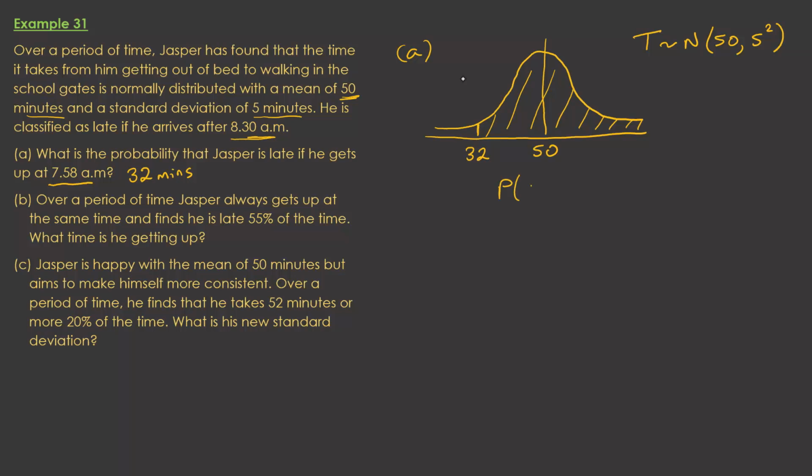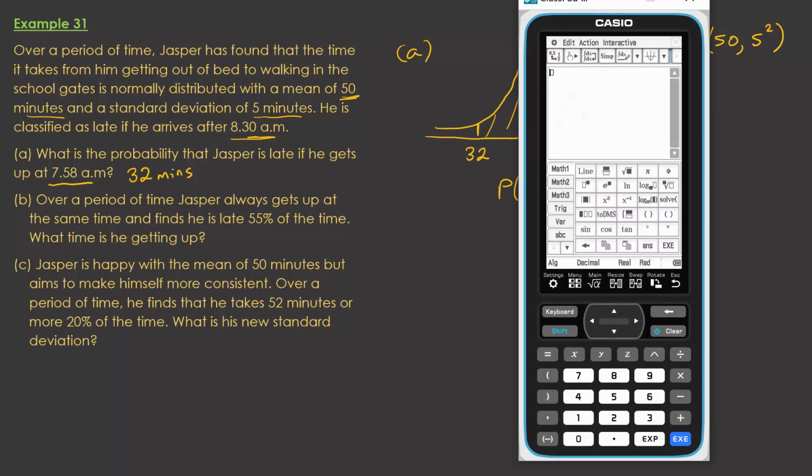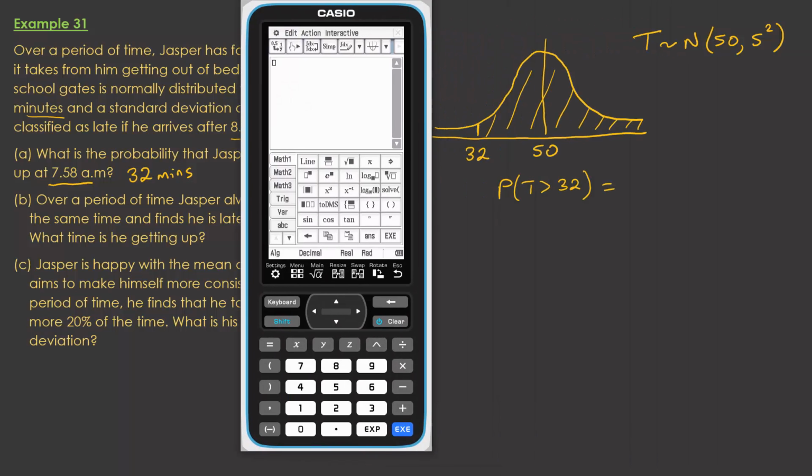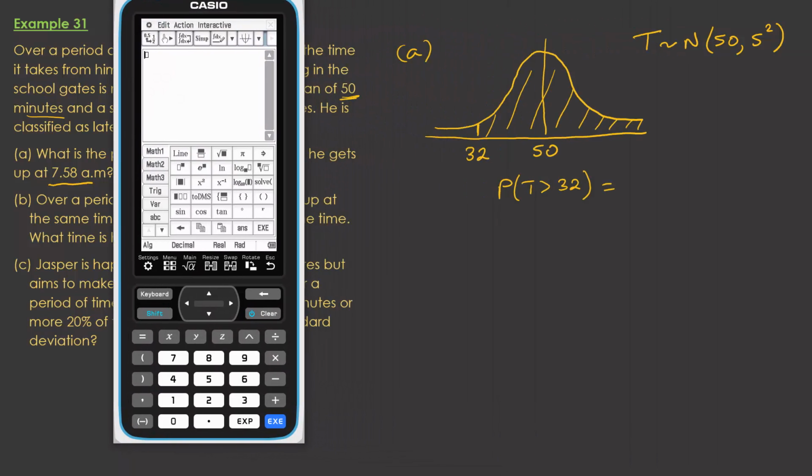So the probability of T being more than 32 we can find using a suitable calculator, in my case the ClassPad.